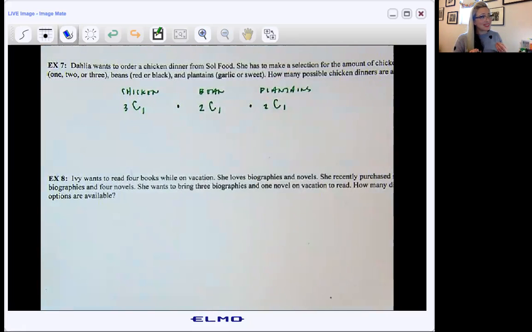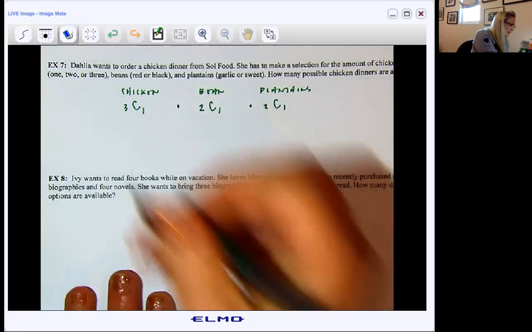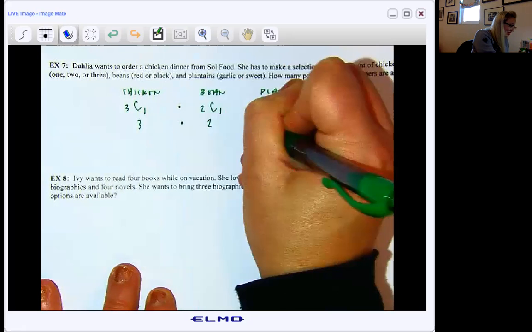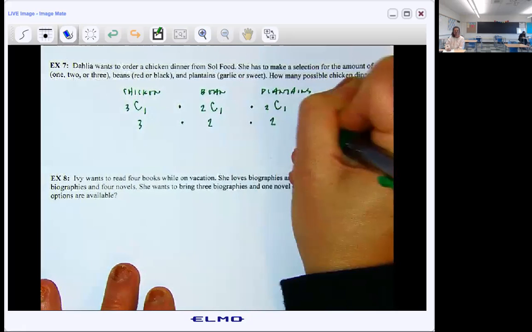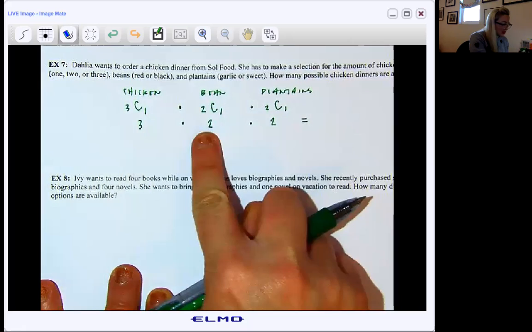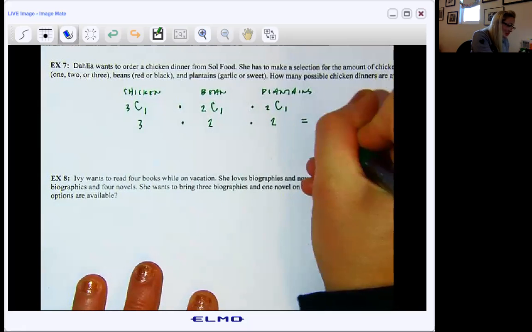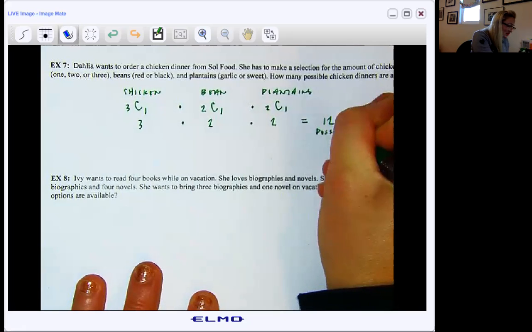And what is so nice is when it's choosing 1, it ends up being the n value. So if I have 3 choices for chicken and I'm choosing 1, it's going to end up being 3. And then times 2 and another 2. So 3 times 2 times 2, we have 12 possible chicken dinners.